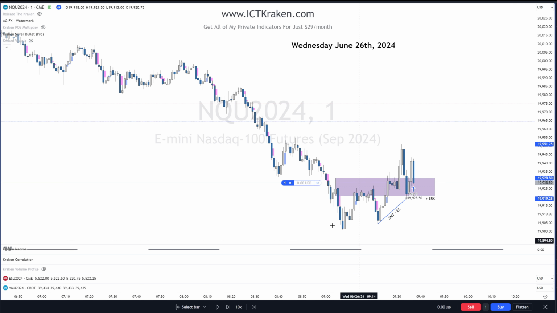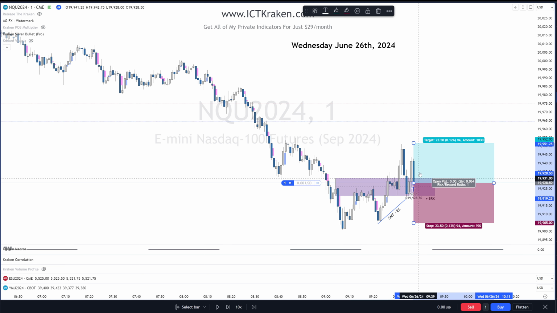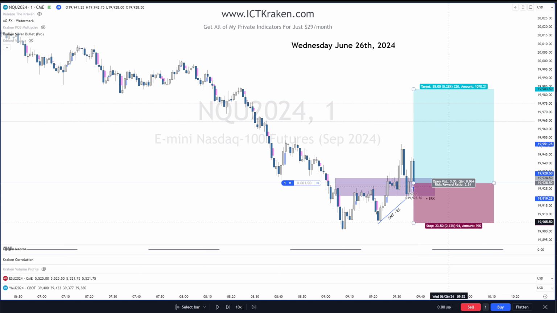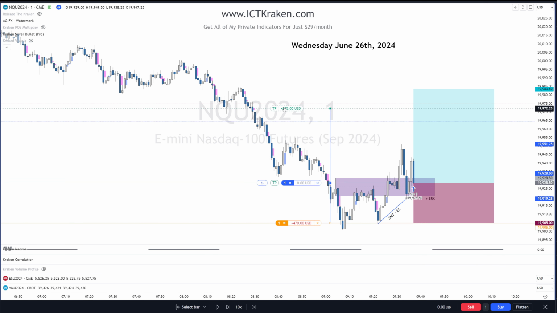I'll buy one there. I'll show you how if you would have entered on the breaker. Let's target those highs for here. Let's go 55 right here for this one. So right here at the low and the high.